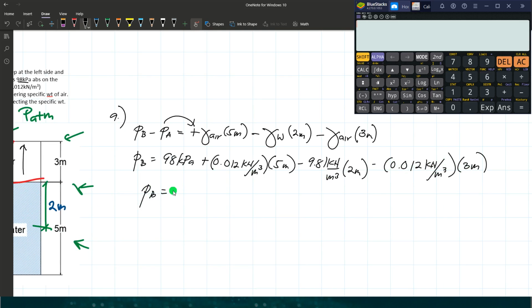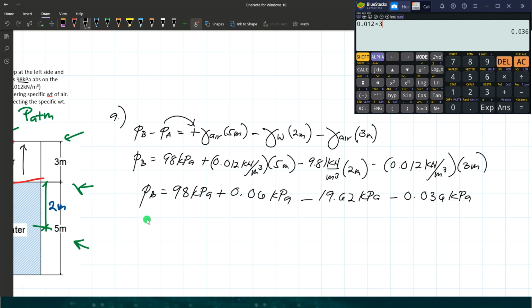So the pressure at point B is 98 kilopascal plus 0.012 times 5, 0.06 kilopascal, minus 9.81 times 2, 19.62 kilopascal, minus 0.012 times 3, 0.036 kilopascal.